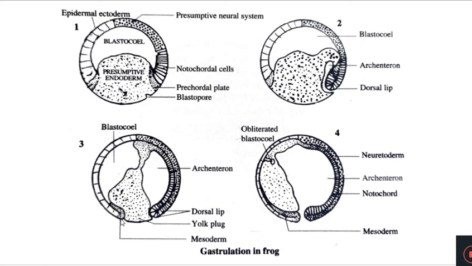Now, coming to the expansion of the area which is called the neural ectoderm. Its expansion occurs only in the longitudinal direction, only towards the blastopore. So the presumptive neuroectoderm is expanding only in the longitudinal direction towards the blastopore.